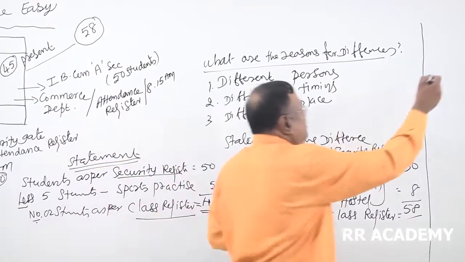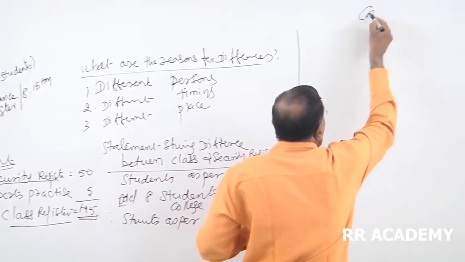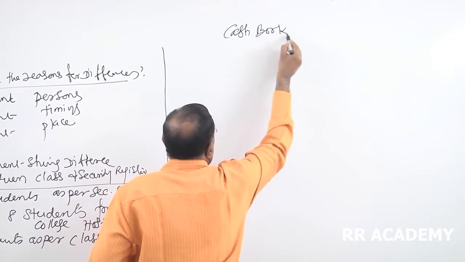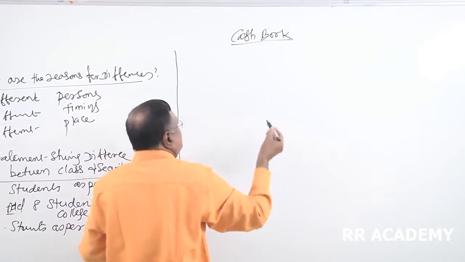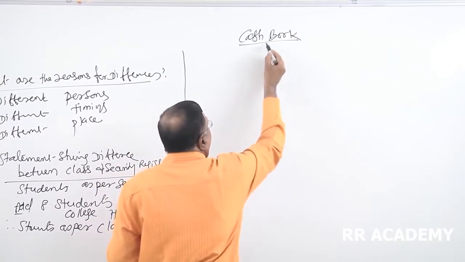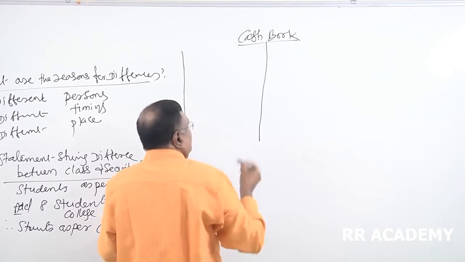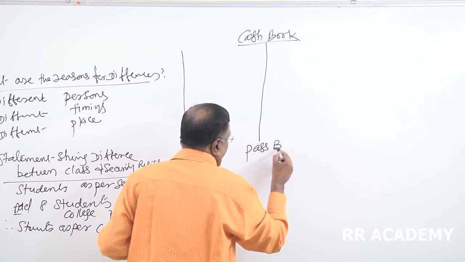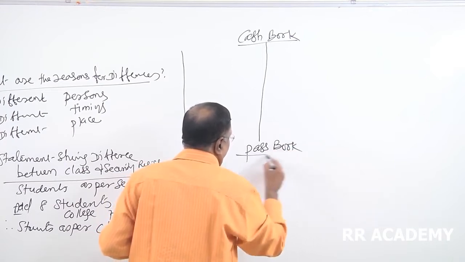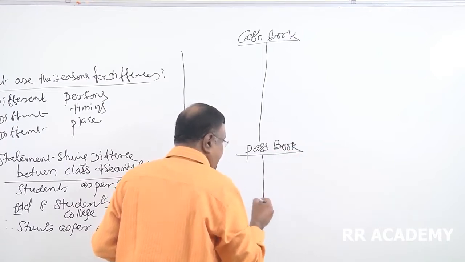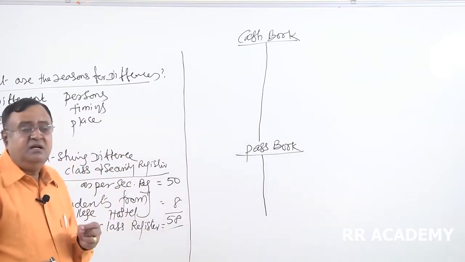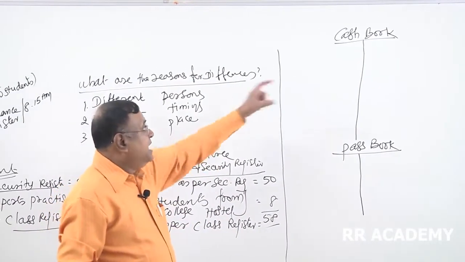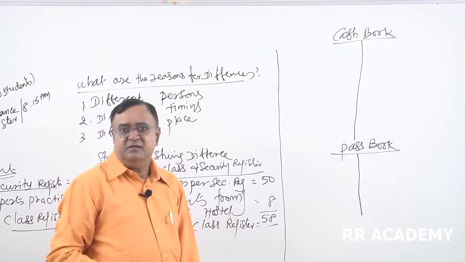Now, the cash book. First, let me explain why a bank reconciliation statement has to be prepared. Cash book is there, passbook is there. That is why a difference will come. Bank reconciliation statement means the reasons for difference between cash book balance and passbook balance.